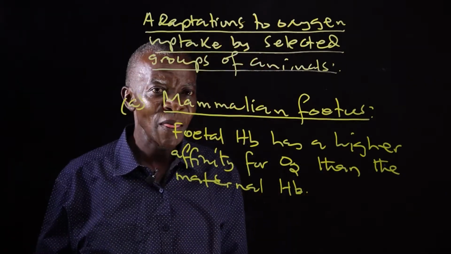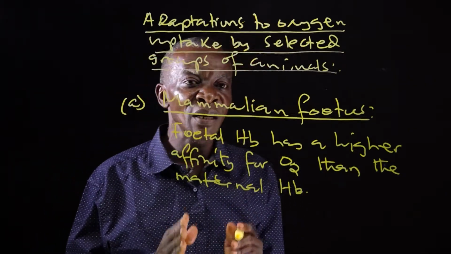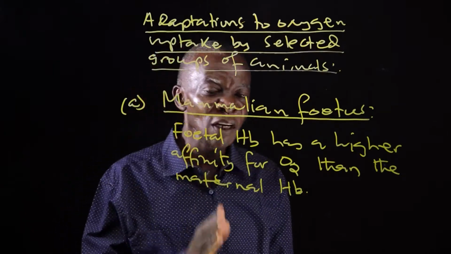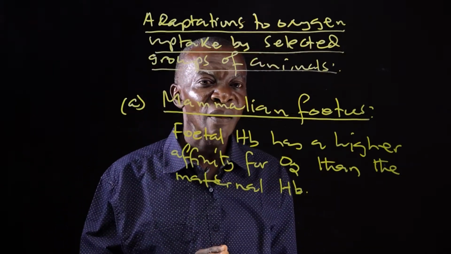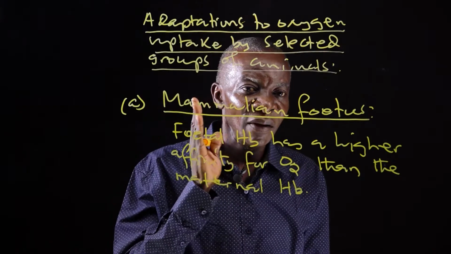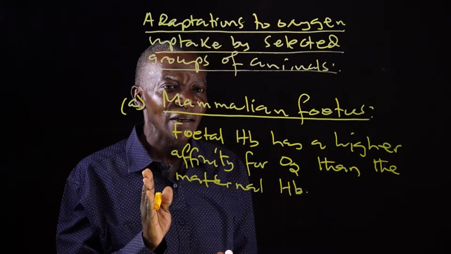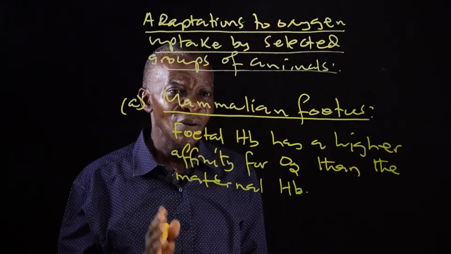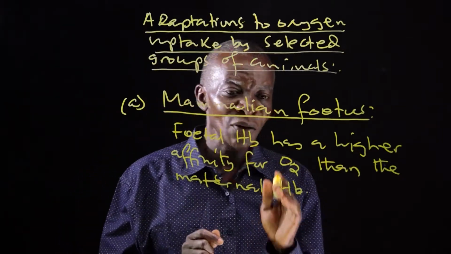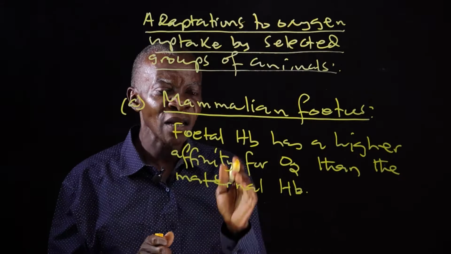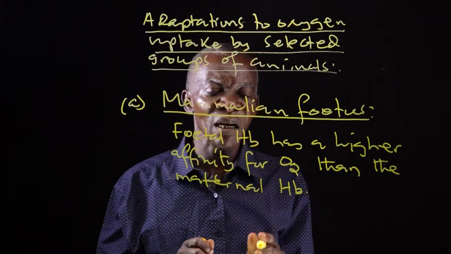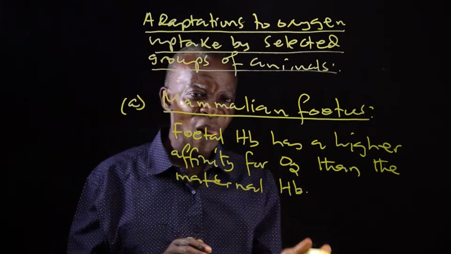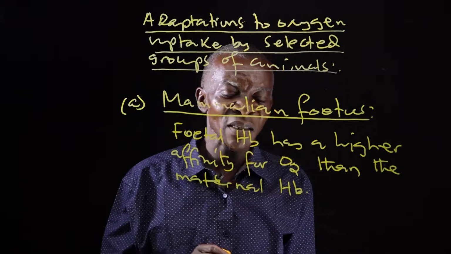And therefore, the oxygen dissociation curve of the fetal hemoglobin is displaced to the vertical axis side, while the maternal hemoglobin's oxygen dissociation curve is on the horizontal axis side.